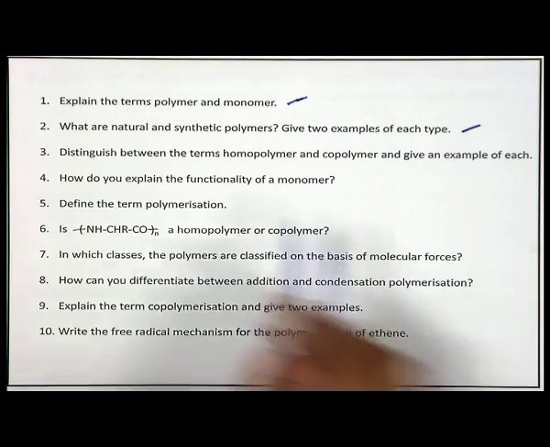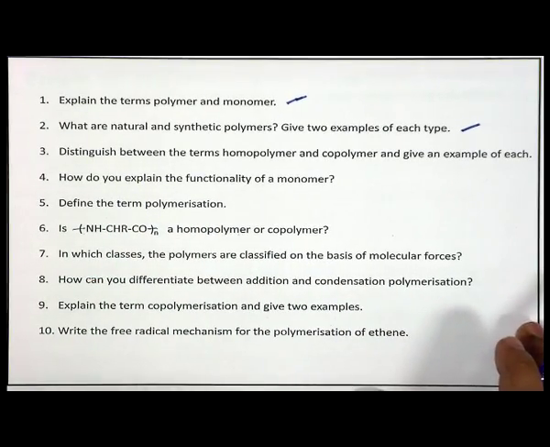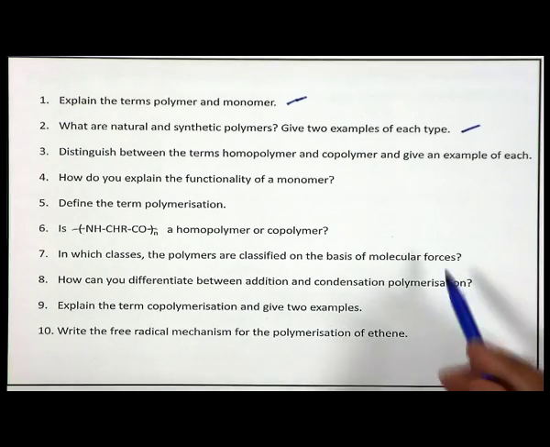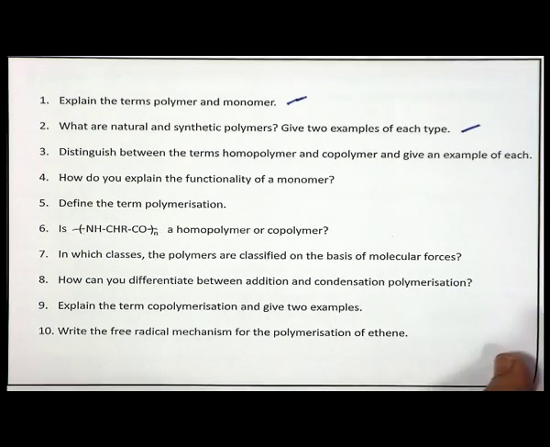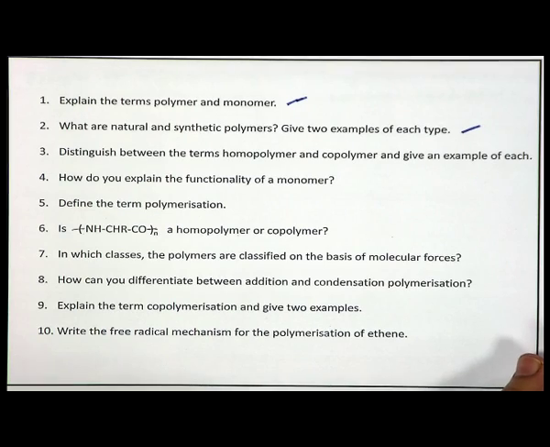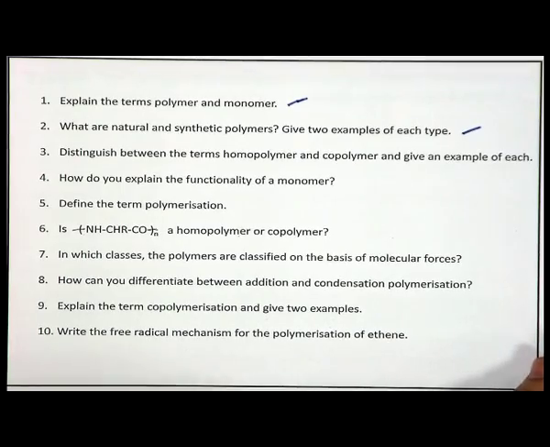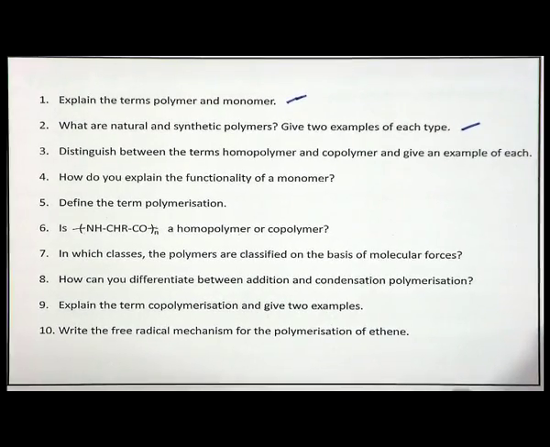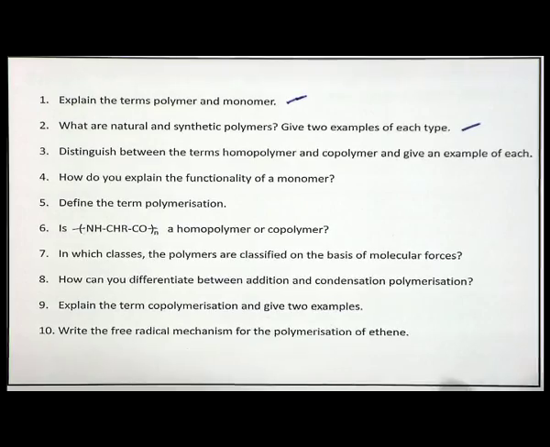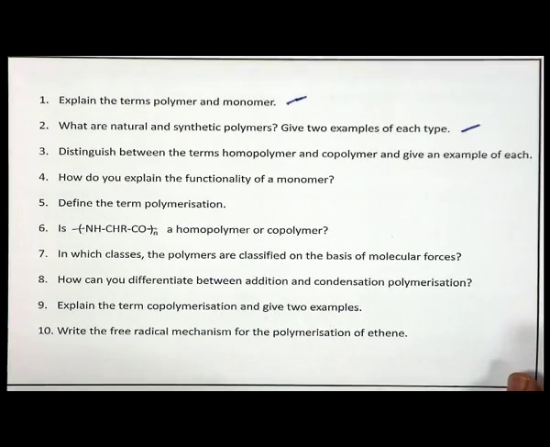For example, natural polymers would be cellulose, protein, starch, and so on, and synthetic polymers, all the polymers we discussed afterwards, like polyethylene, polypropylene, the rubbers, the butadiene type synthetic rubbers, those are synthetic polymers.